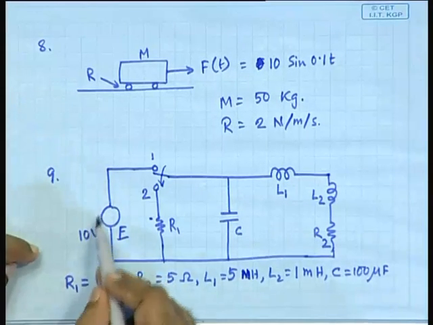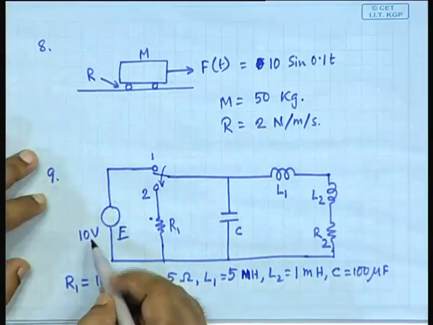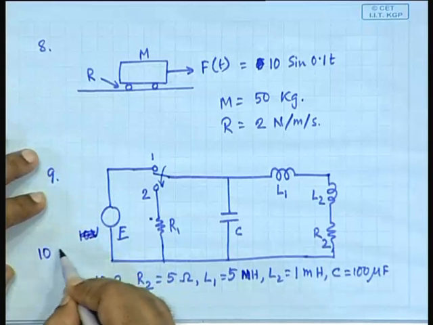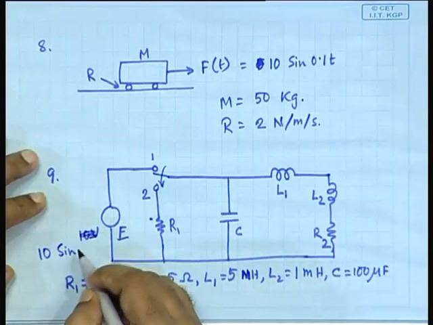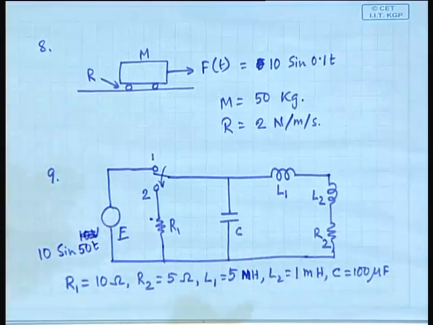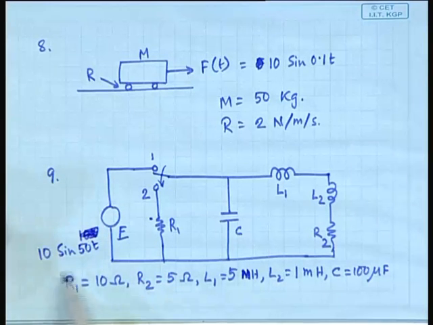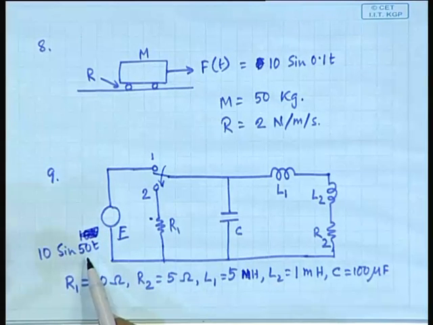As I said, initially assume it to be DC and solve this problem, but then also do it for 10 sin 50 t, where E is 10 sin 50 t. Any problem? Fine.